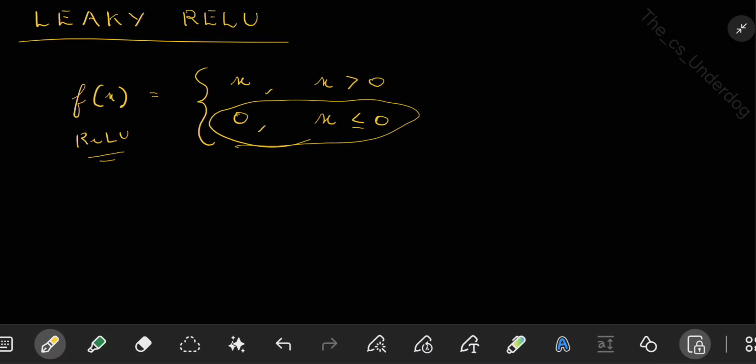So what do you want to do now? This is the core idea of leaky ReLU. Instead of making this 0, we'll allow a very small non-zero gradient whenever the input is negative.